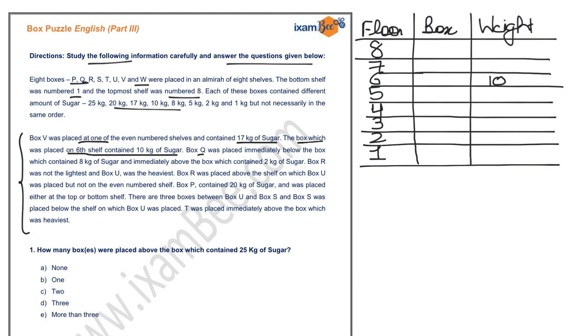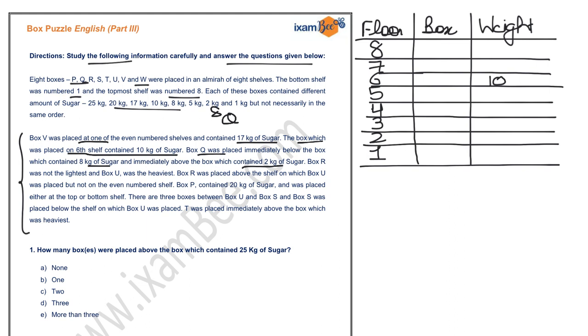Now box Q was placed immediately below the box which contained 8 kg sugar and immediately above the box which contained 2 kg sugar. So this you can also write somewhere: that your box Q was placed immediately below the box which contained 8 kg sugar, right?